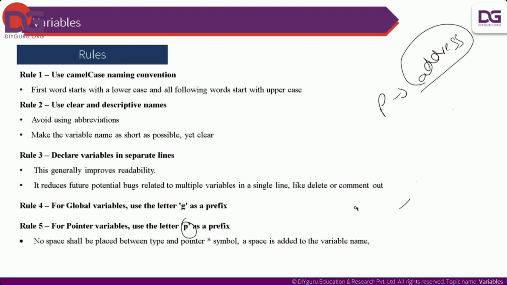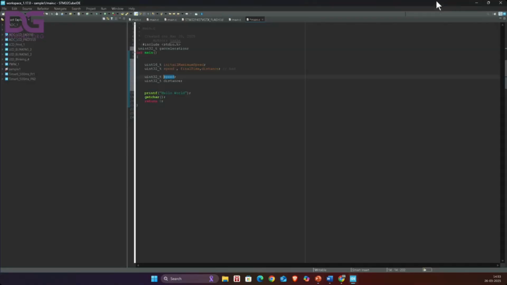I will show you what happens here. If you want to initialize a character, you can make it a pointer: char star, star, so that means it's a pointer p. So this is the rule. To initialize a pointer you need to put a star. So this is for the naming convention, this is p.